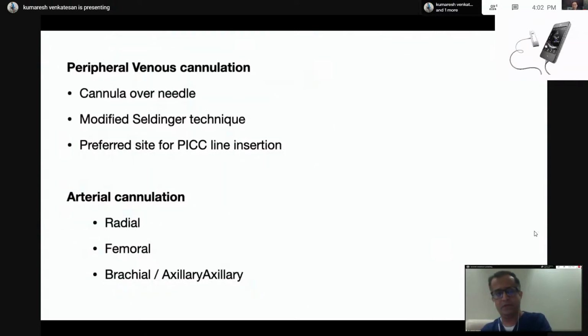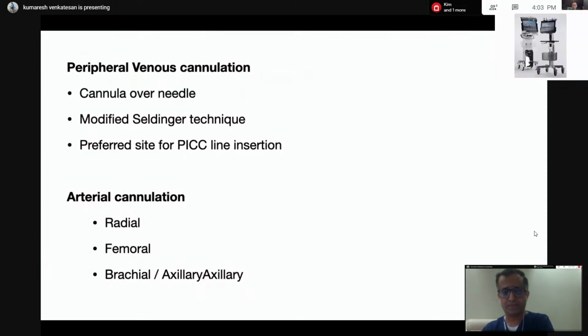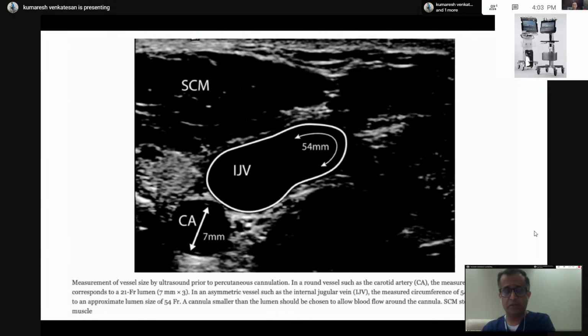The other uses are arterial cannulation, whether radial or brachial or axillary. Sometimes people use it for radial as well in patients who are obese with a lot of fat. Another emerging use is cannulation for patients who require extracorporeal circulation.